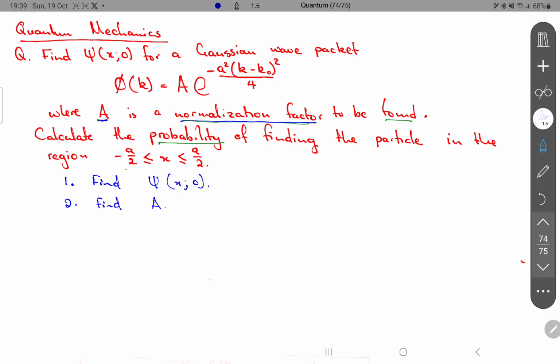From there, I will find the probability density function, which is the modulus of psi of x squared. Then from there, I can find the probability of the particle in that region.